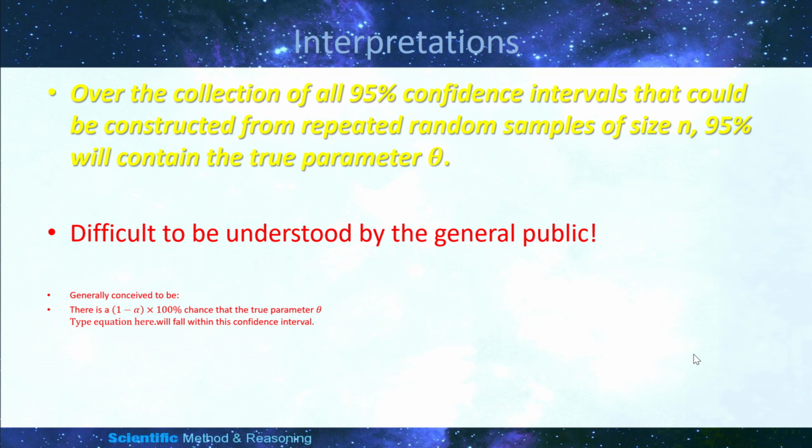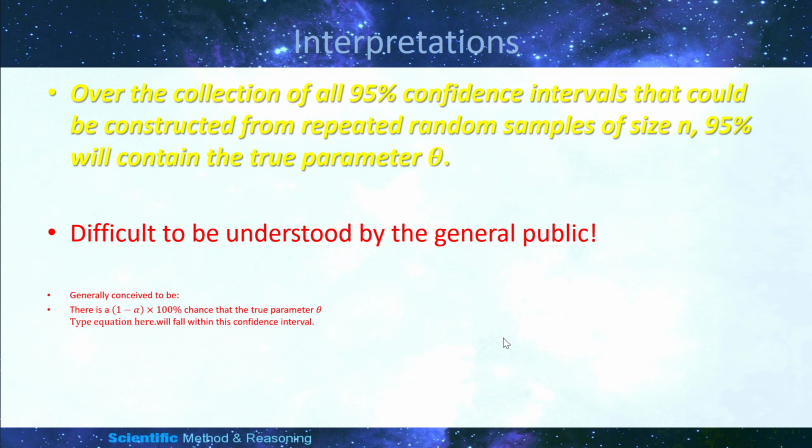So generally we use the generic interpretation. This is technically not true, but this is generally accepted by the general public, and this is conceived to be a 1 minus alpha times 100% confidence interval. That means that the true parameter theta will fall in this confidence interval 95% of the time.